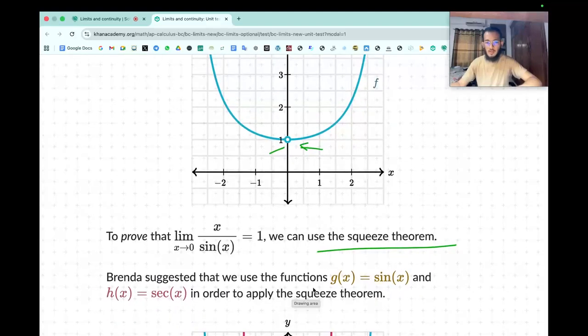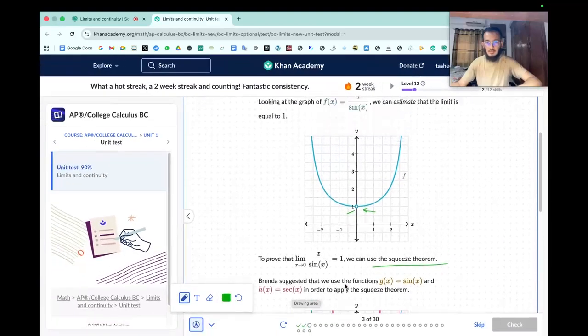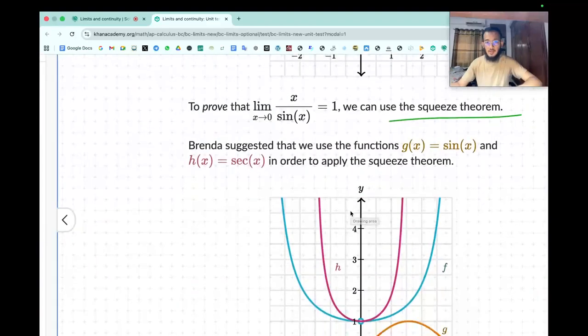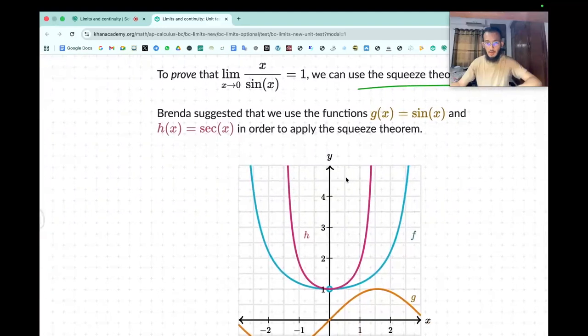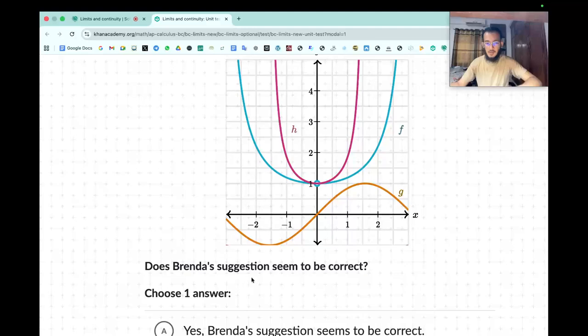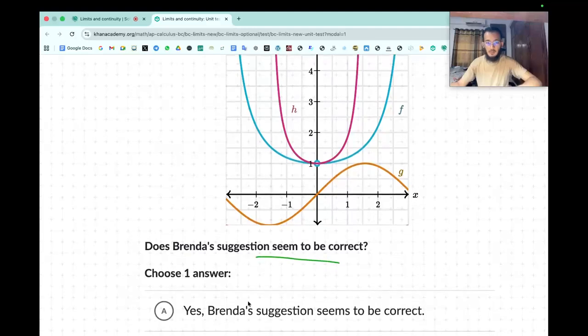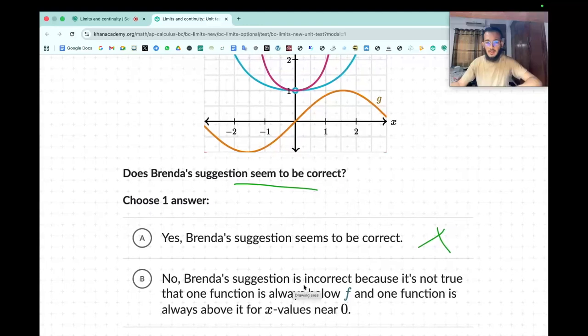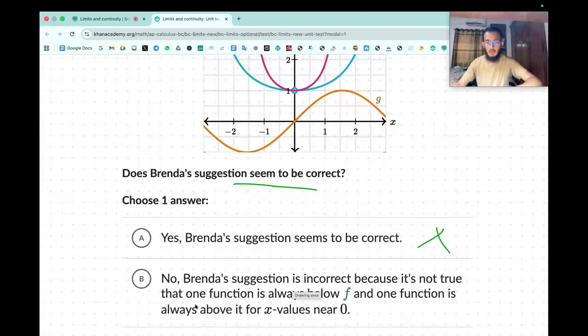Brenda suggested that we use the function g(x) equals sin x and h(x) equals sec x in order to apply the squeeze theorem. Does Brenda's suggestion seem to be correct? No, it's not. Why? Because it's not true that one function is always below f and one function is always above it for all values near x equals 0.